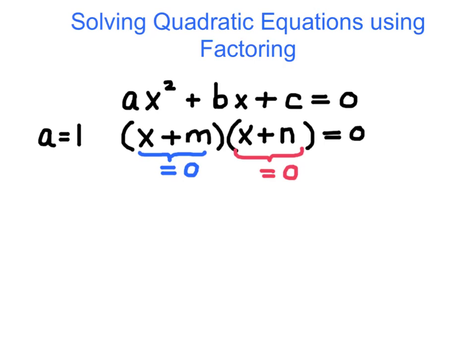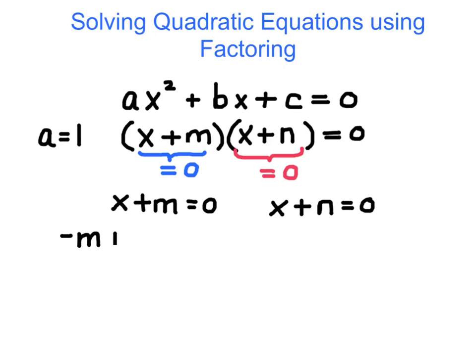So what does this mean? It means we could say that either x plus m is equal to 0, or x plus n is equal to 0. If we look at this first equation, if we want to solve for x, we want to use the addition property of equality by adding to both sides of the equation a negative m.